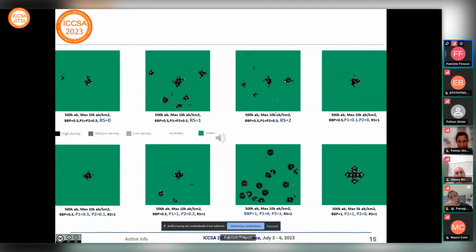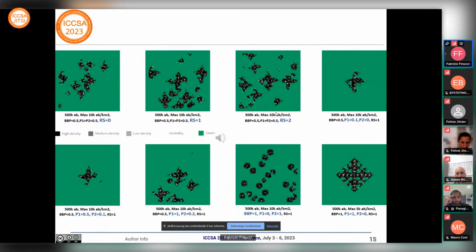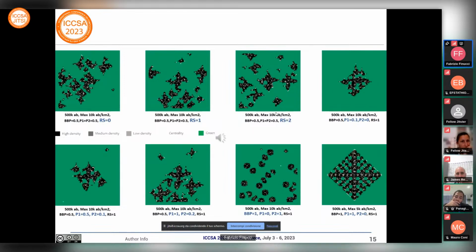In this animated slide, you should be able to see how by changing the parameters, which now we are not going to explain because it takes too much time, and keeping constant the rules of the model, which we described before, you have different types of scenarios, all satisfying the walkability and proximity criteria.